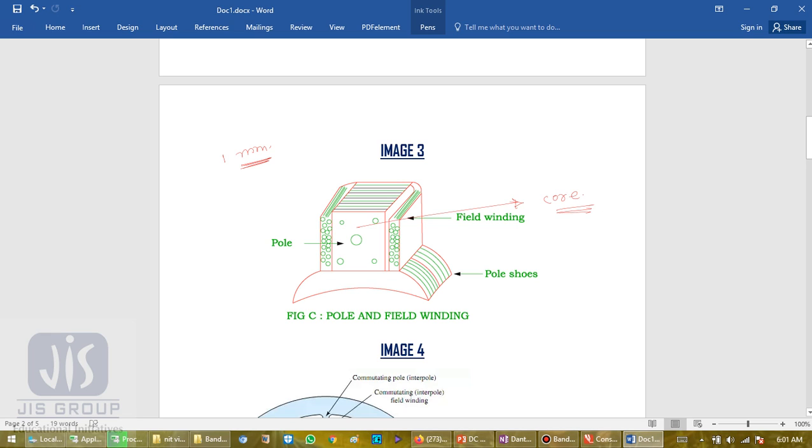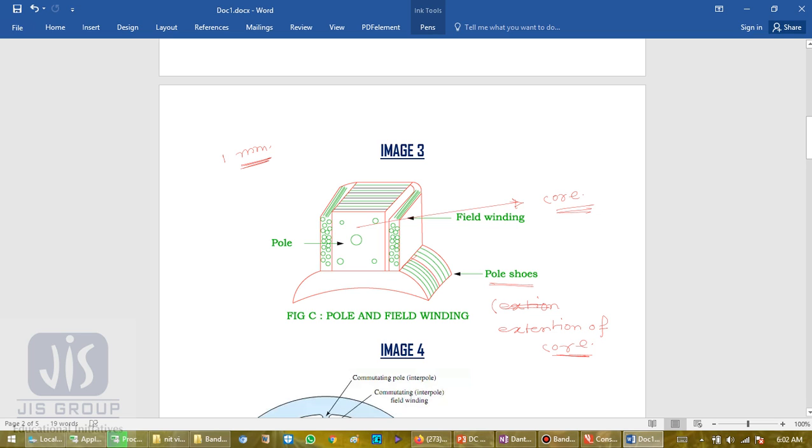Now pole shoe. This is the part of the pole which extends to form the end of the pole core. So this is my pole core and this is the extension part. So pole shoe is basically the extension of the core towards the air gap.